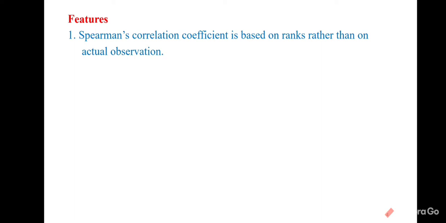Features. Spearman is the name from which this method is derived. So we'll use Spearman's correlation or Spearman's rank correlation. Here the word rank is a must; then we can identify this method. Spearman's correlation coefficient is based on ranks rather than actual observations.